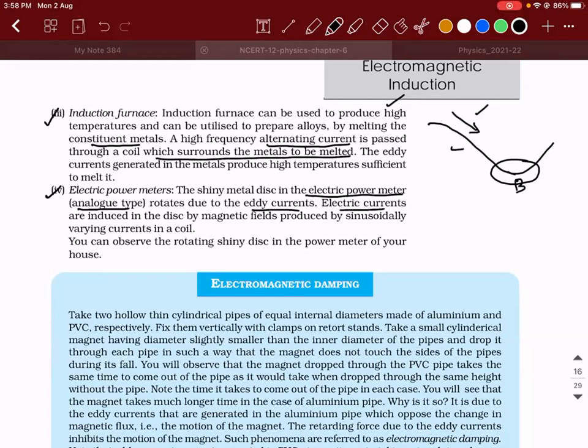Electric currents are induced in the disc by the magnetic field produced by sinusoidally varying currents in a coil. You can observe the rotating shining disc in the power meter of your house. If you still have an analog power meter, you can go and have a look at it. Have you ever observed, guys? There will be a number, and above this number there will be a metallic disc which keeps revolving slowly. That revolution is taking place because of the eddy currents.